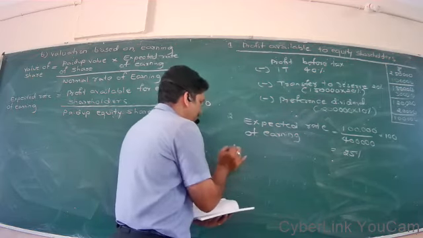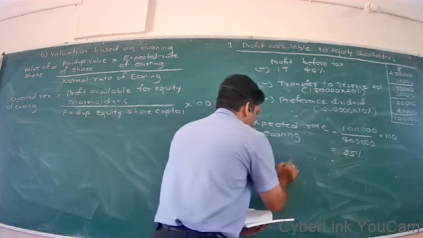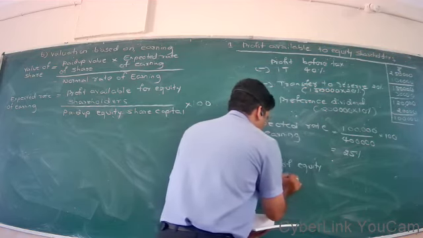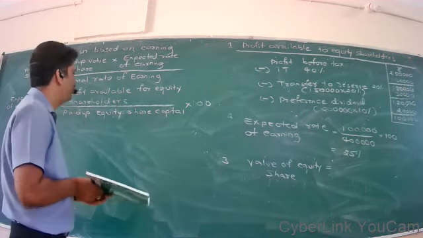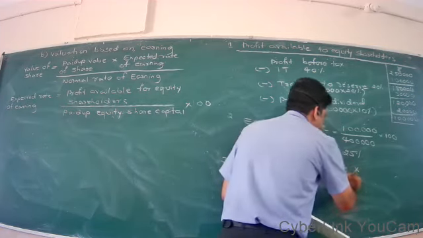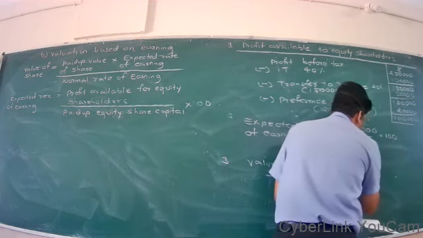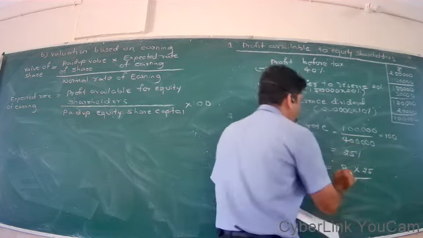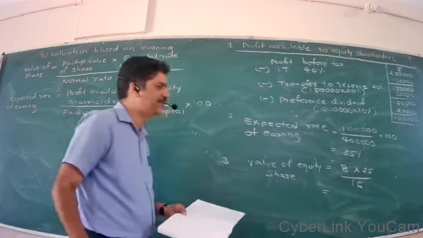And the last step is the value of equity share. The formula is paid up value of share, rupees 8, into expected rate of earning, which you have calculated as 25%, divided by normal rate of earning, which is 16%.